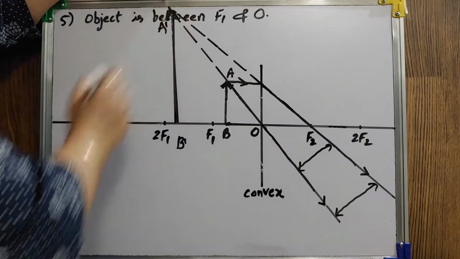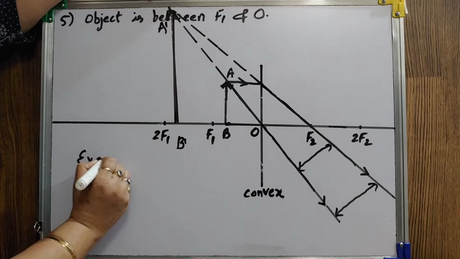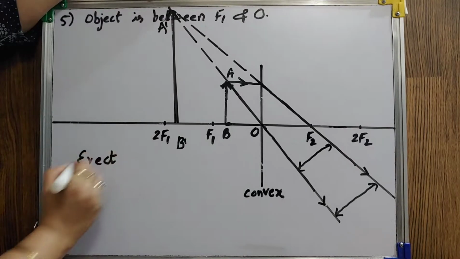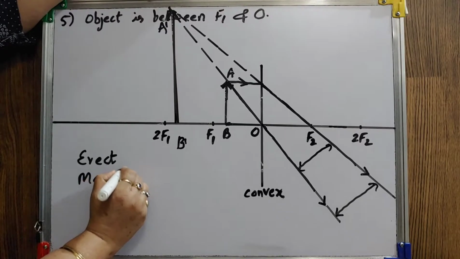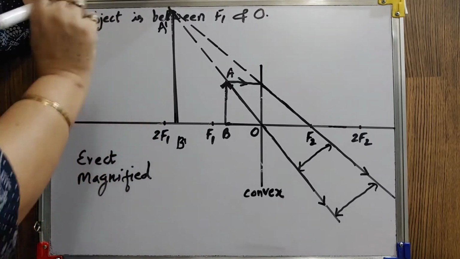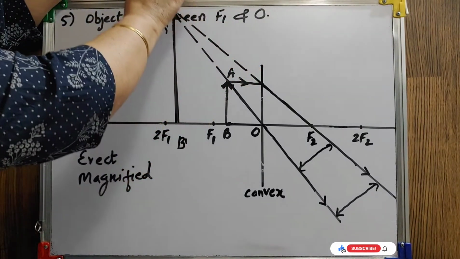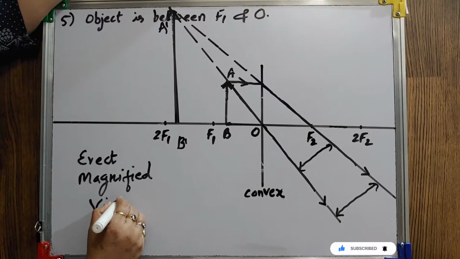Now, when you concentrate, your image is erect. It is magnified. But it is not formed by actual intersection. They only appear to meet. So this kind of image is a virtual image.